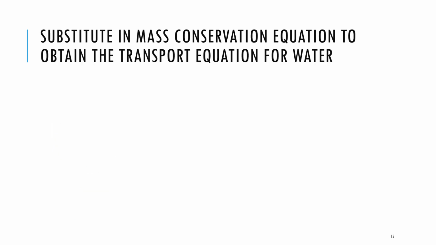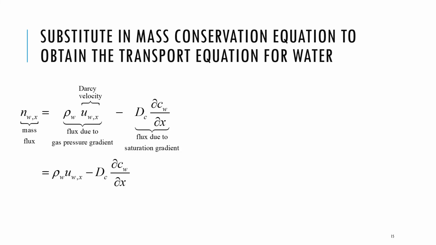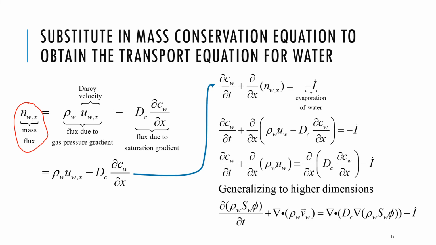So we're going to now substitute the flux equation that we just wrote for mass flux into the mass conservation equation for water to get the transport equation for water. So we substitute that in the mass conservation equation for water.